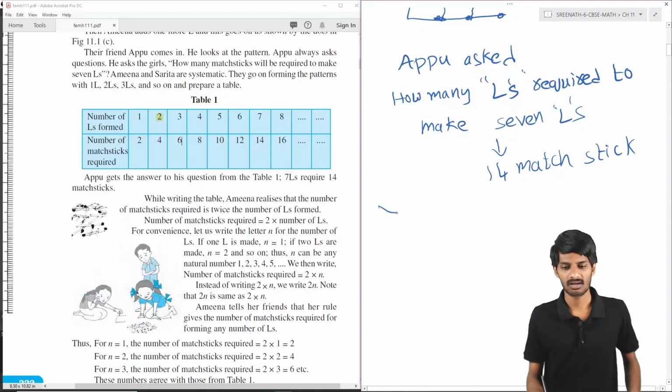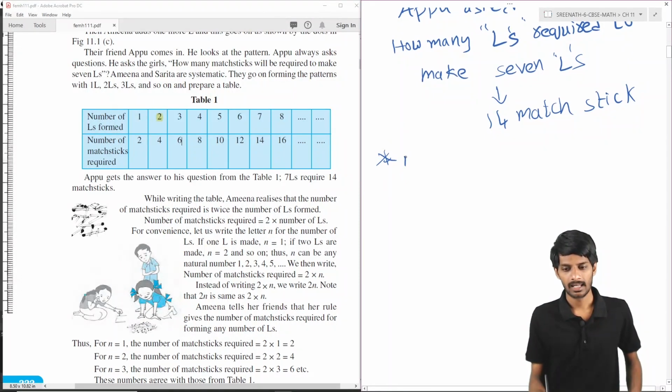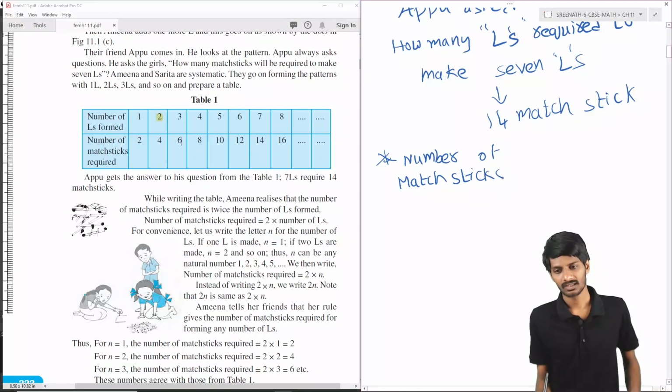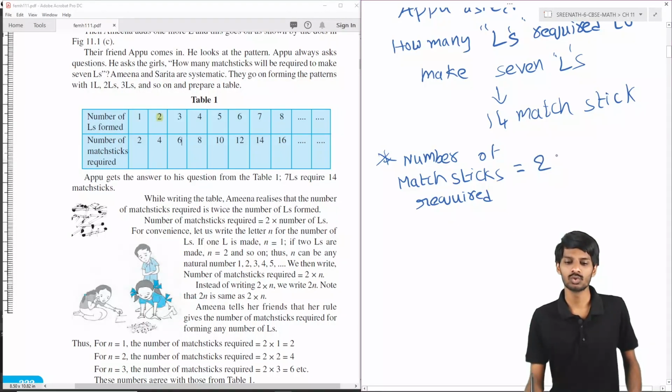So finally, what is our conclusion? Students, the number of matchsticks required is equal to double, means 2 into the number of L's.